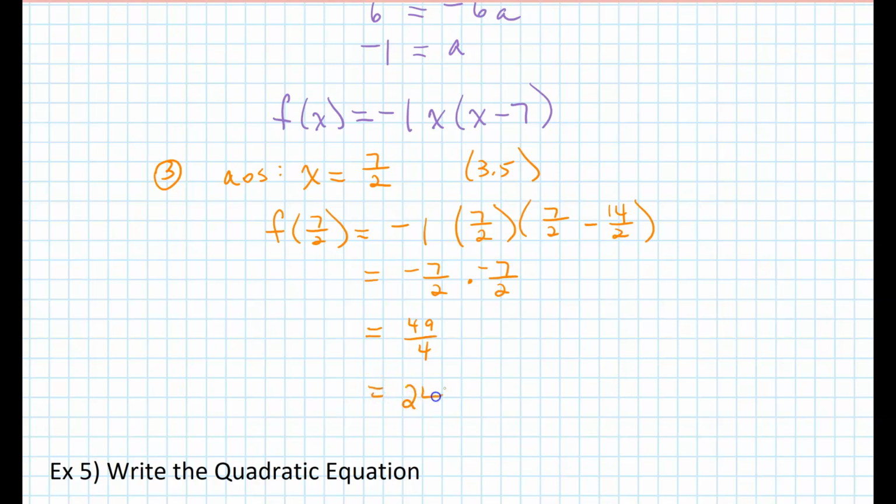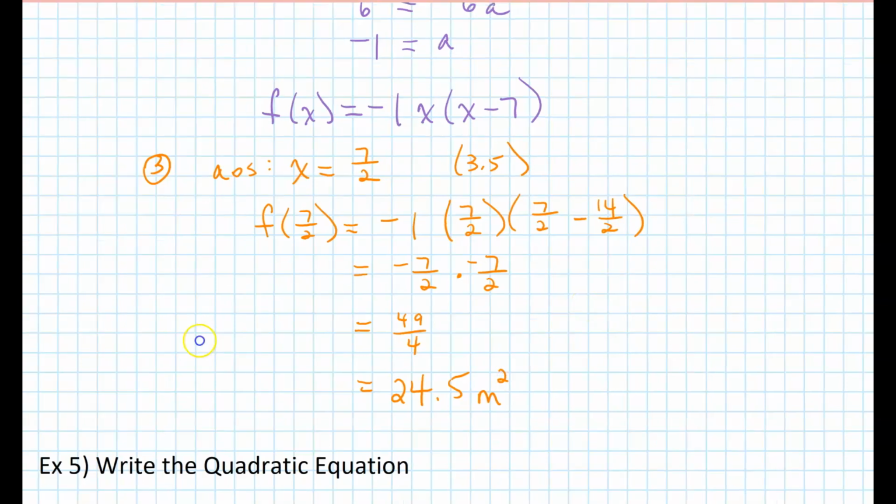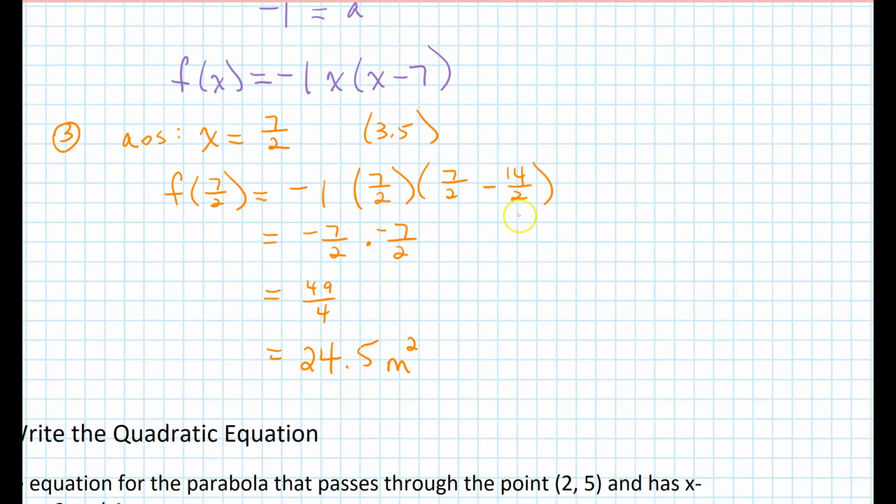So it's 24.5 what? What's our unit? Just meters? Square. Remember, this is the area, so meters squared. Okay. So what we just found was that a width of 3.5 meters.